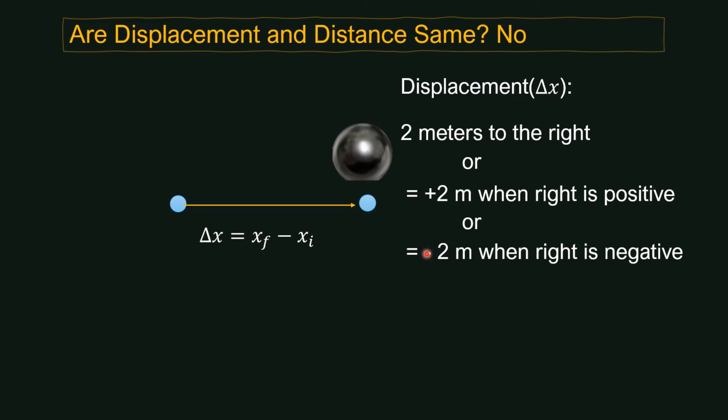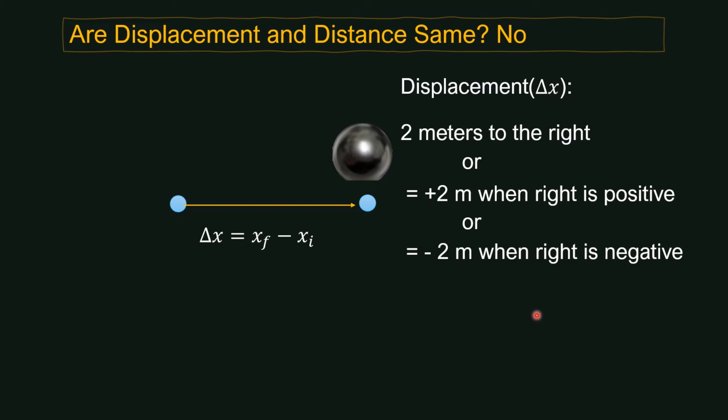So negative sign is to the right when you assume negative is to the right instead of positive to the right. Depending on what we choose, it could be positive or negative. Therefore, it is very important that you pick a sign for a direction, like right is positive or left is positive, before you use vectors in the equation.